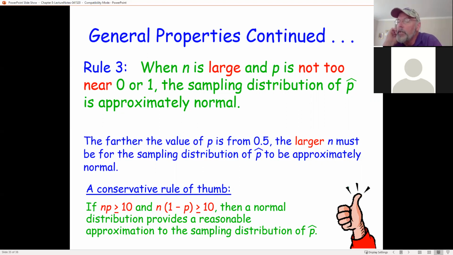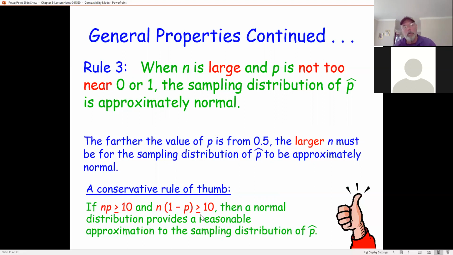Okay, so here is the conservative rule of thumb. Let's think about this for a second. We want the sample size times the proportion to be greater than or equal to 10. And in the same way, we want the sample size times 1 minus the proportion to be greater than or equal to 10.